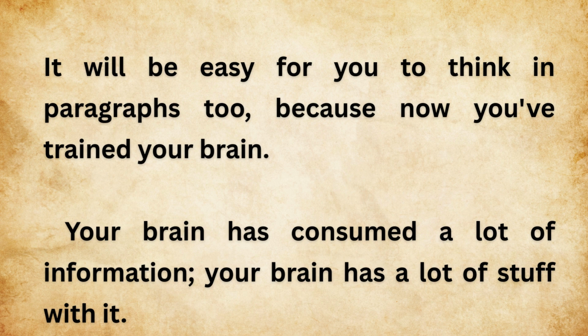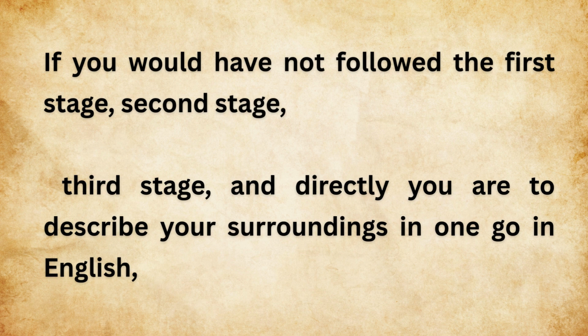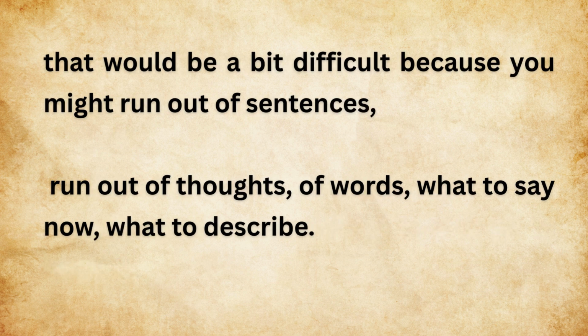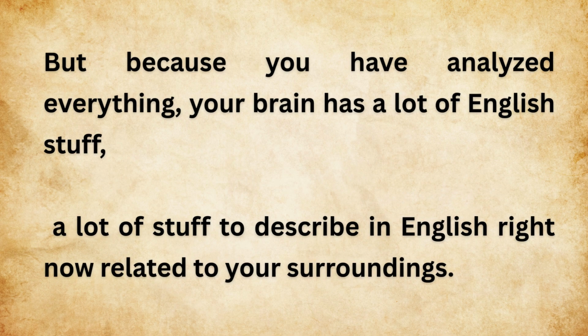If you had not followed the first, second and third stages, and directly you were to describe your surroundings in one go in English, that would be a bit difficult because you might run out of sentences, thoughts, words, what to say now, what to describe. But because you have analyzed everything, your brain has a lot of English stuff to describe related to your surroundings.